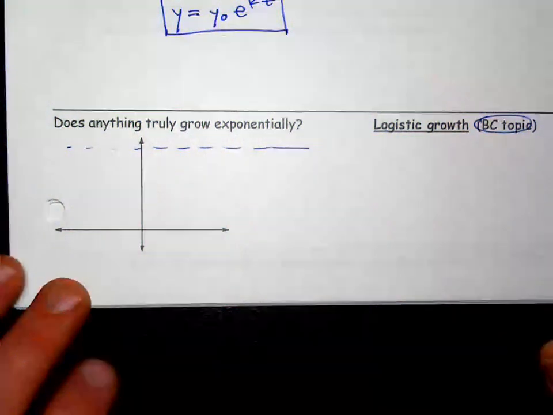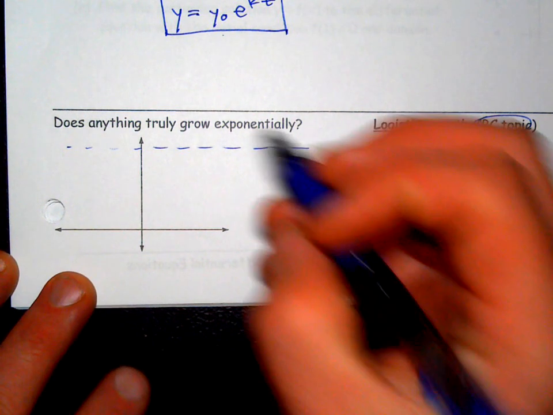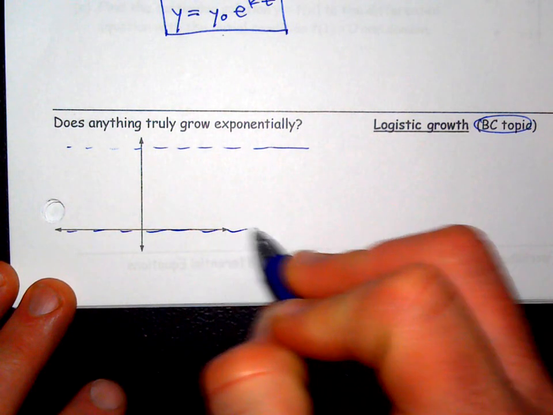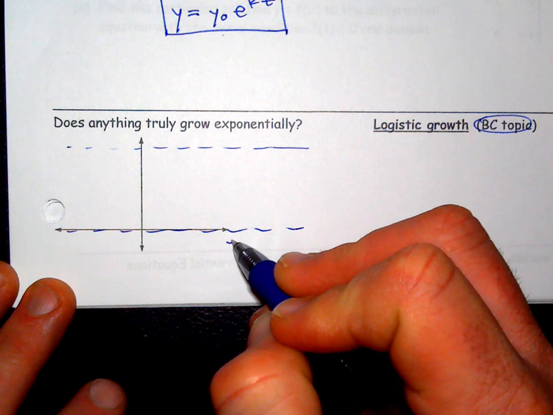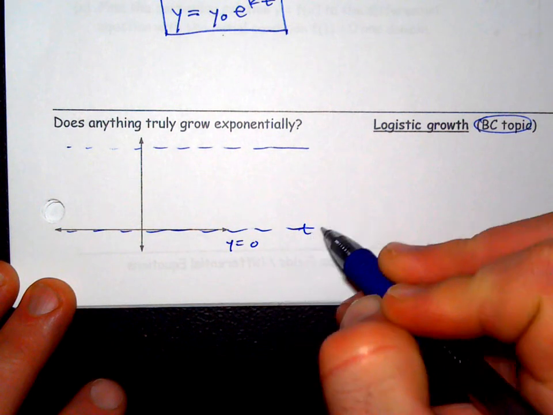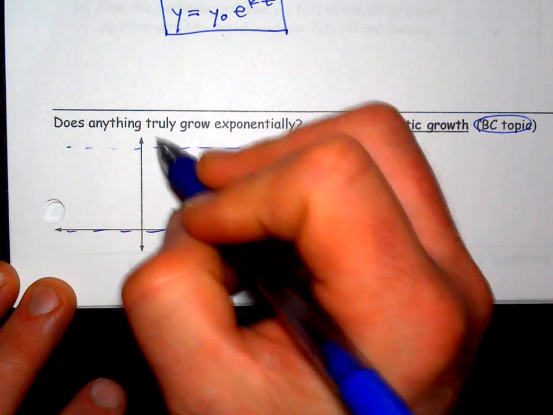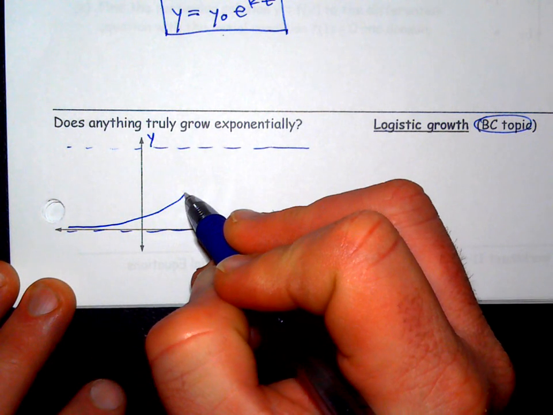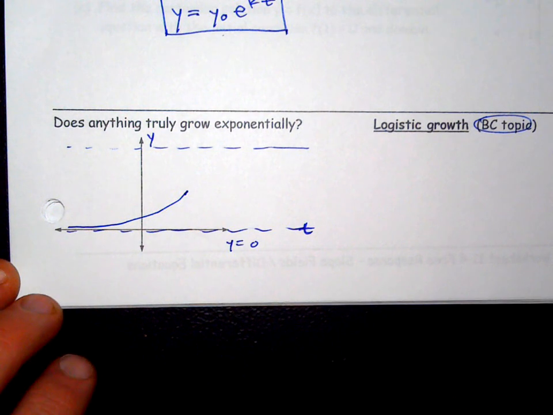I don't know, bio. And so the idea is that it has a horizontal asymptote, y equals 0 on the t-axis for time. And at first, it does grow exponentially. It does look very much like an exponential curve.